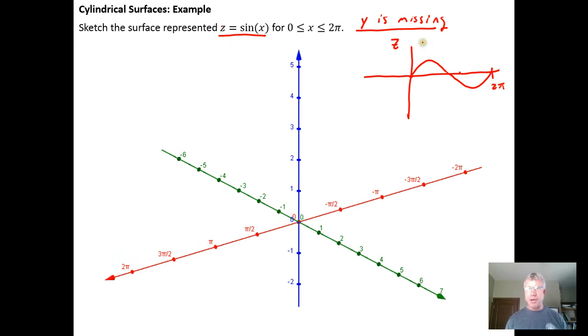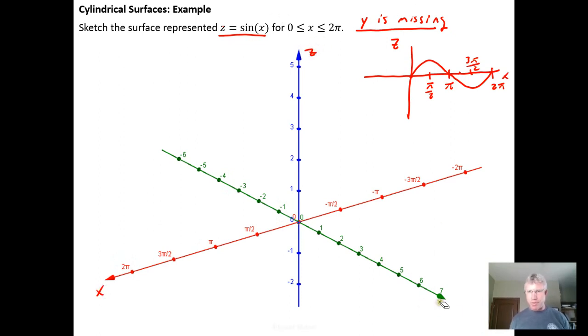This high point happens at pi over 2. It's at 0 at pi. The low point at -1 happens at 3 pi over 2. So I have a curve in the xz plane, and then I would draw lines through this curve parallel to the y-axis to create my sinusoidal cylinder.